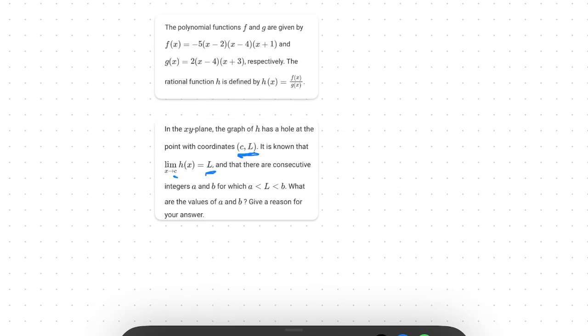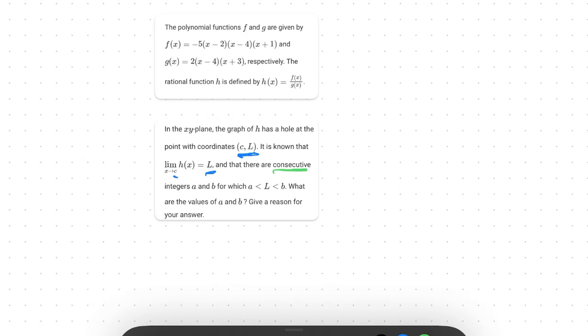Give a reason for your answer. And consecutive integers just means right one after the other, and they have to be whole numbers. So this one's looking for a lot. We'll admit this one is a little bit trickier.